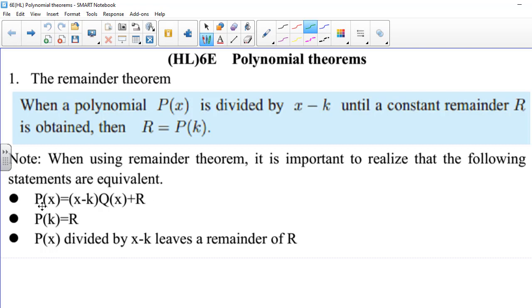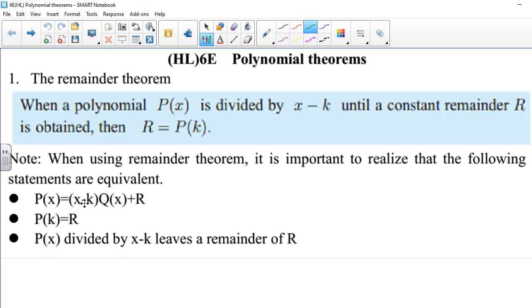When we divide any polynomial by its divisor x minus k using long division or synthetic division, we can get the quotient. This quotient is a function of x. Then there's a remainder if this one cannot be divided by its divisor evenly.